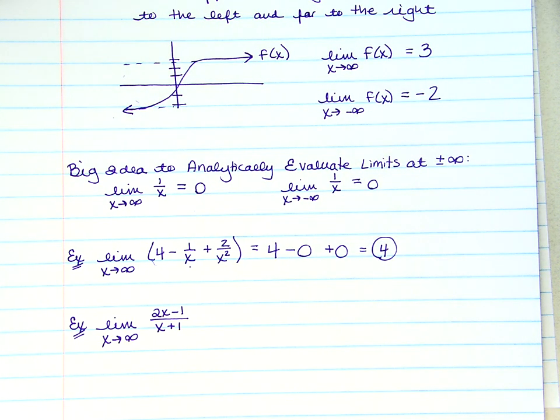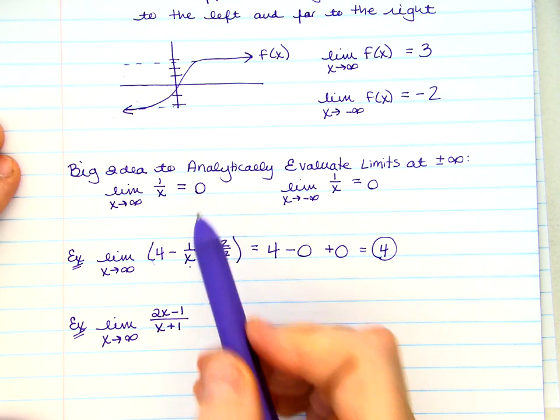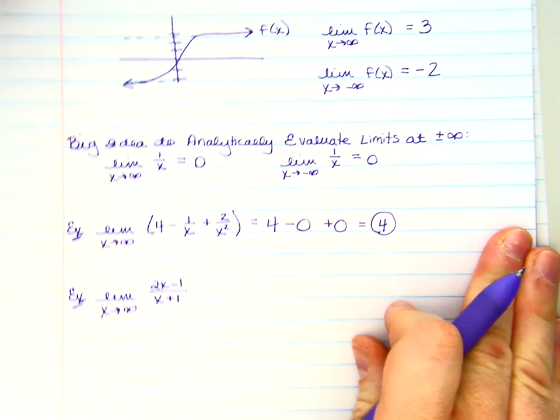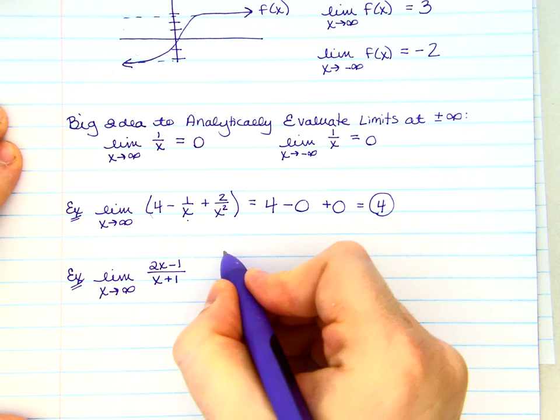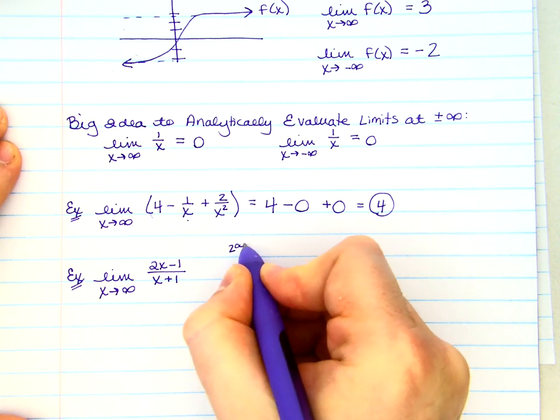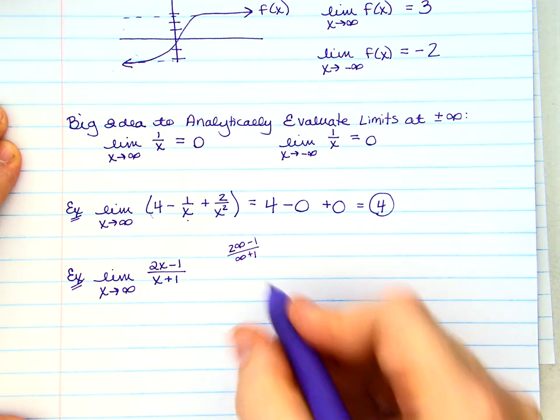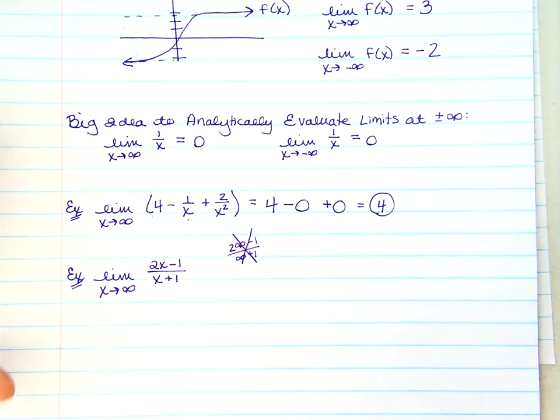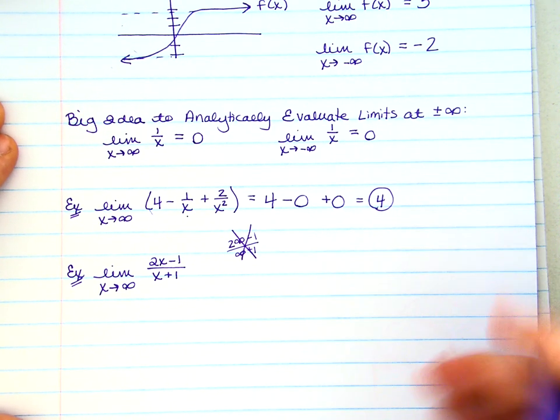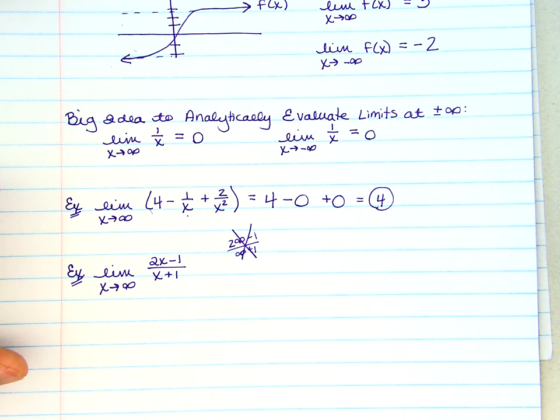Okay, by the way, and I think I should have mentioned this before, we are not allowed to plug in infinity like a number. You cannot write things like 2 times infinity minus 1 over infinity plus 1. That's not good notation, and I'm going to add something on to the limit notation rubrics that make a comment about never plugging in infinity like a number.